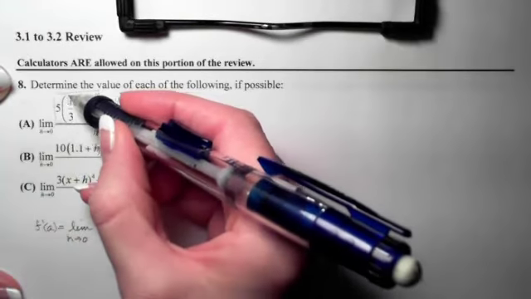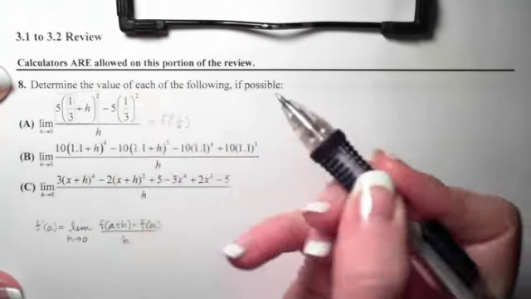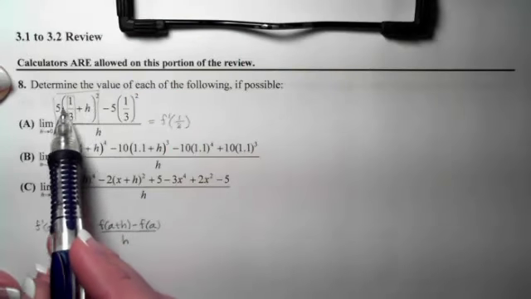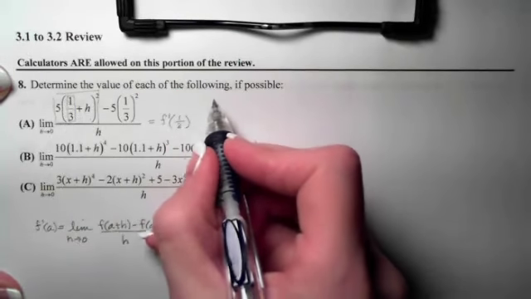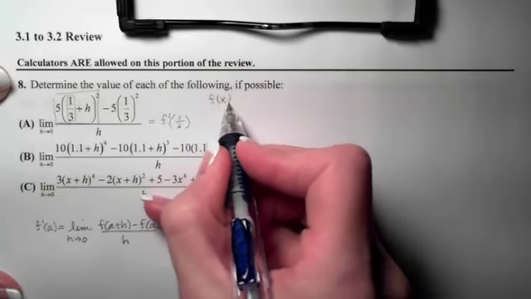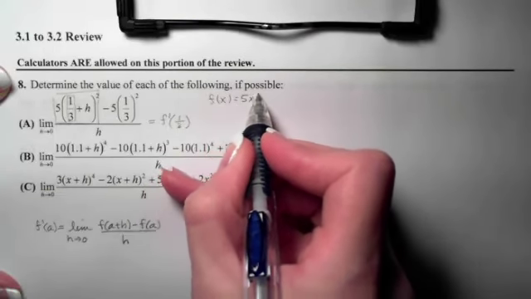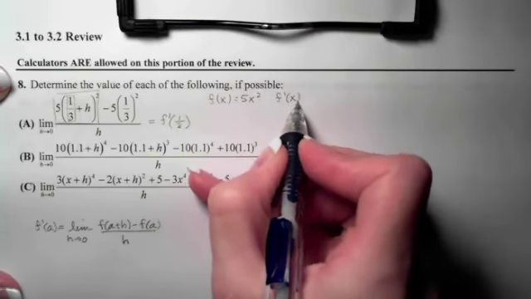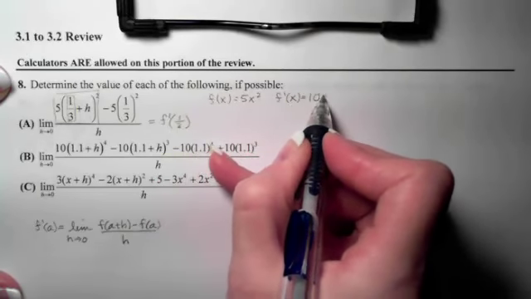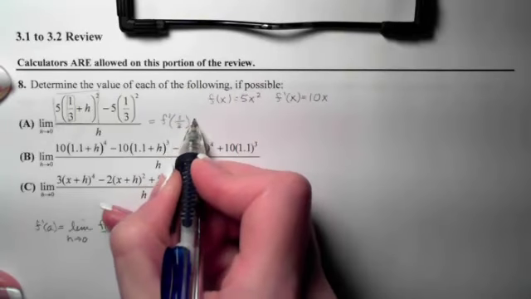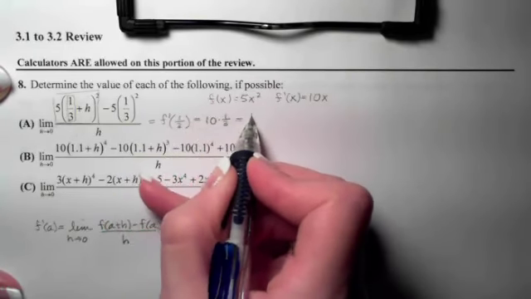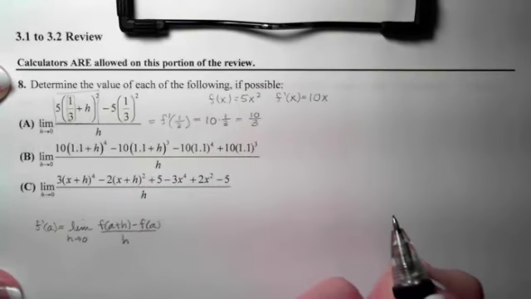We can see that the a is the 1/3, and if we replace the a plus h with an x, then we can see that the function is 5x squared. So now if I take the derivative of that, I will get a 10x, and if I plug in a 1/3, I'll have a 10 times a 1/3, or 10/3.